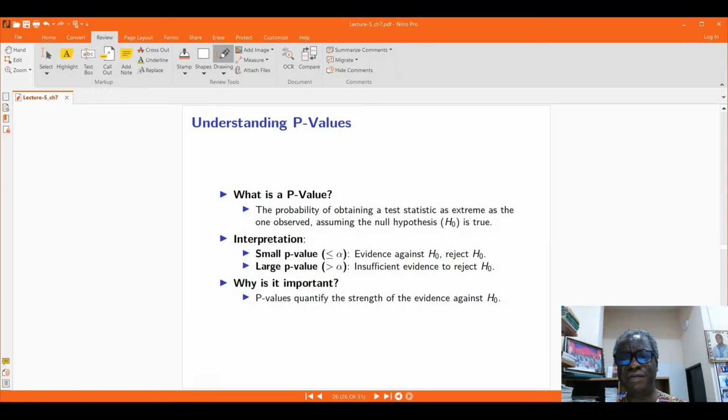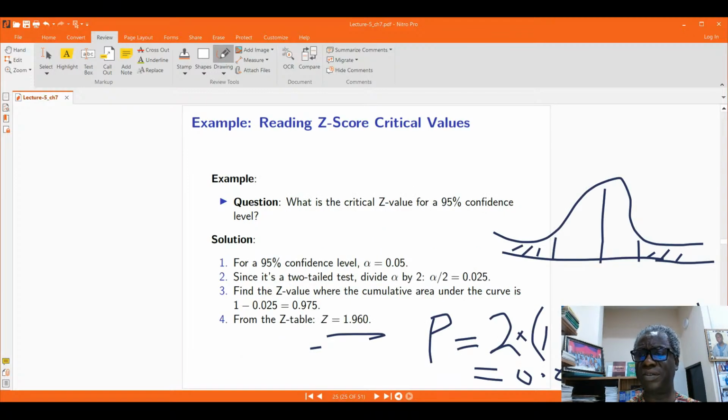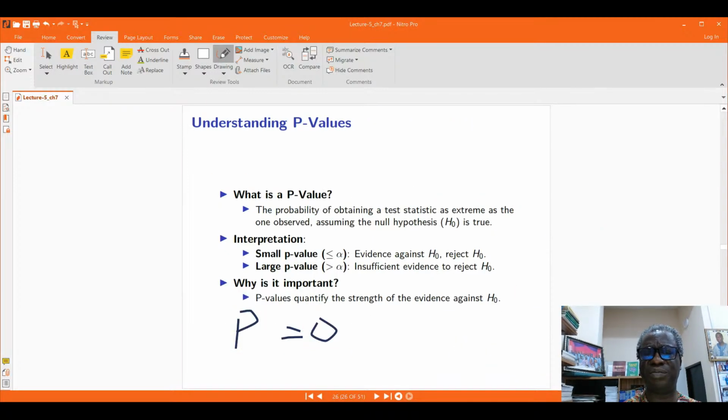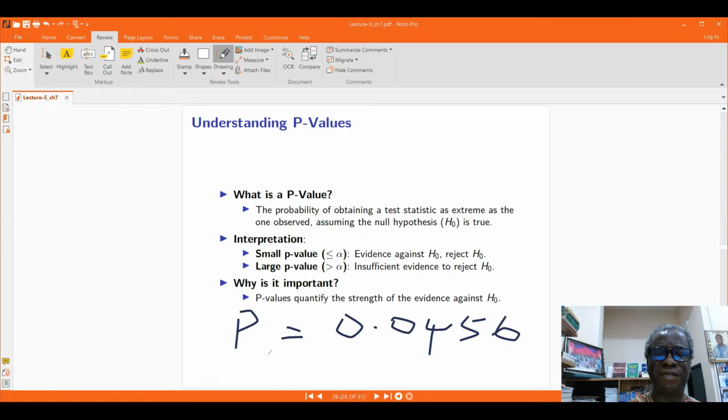In our case, the p-value that we got is 0.0456, and our alpha is 0.05.